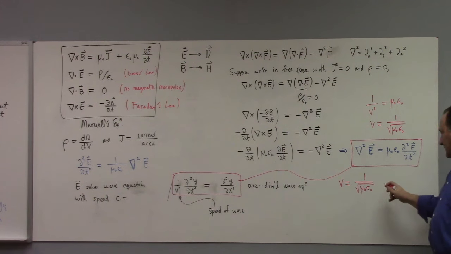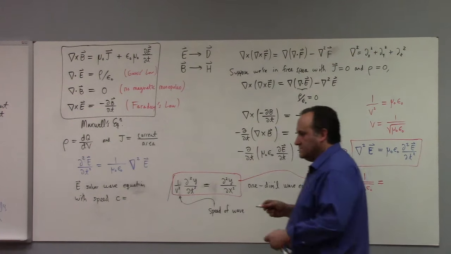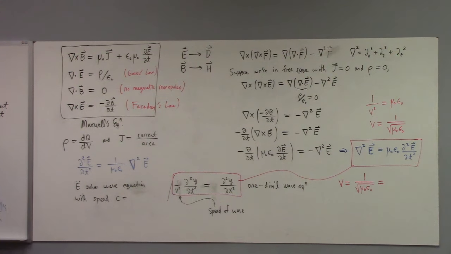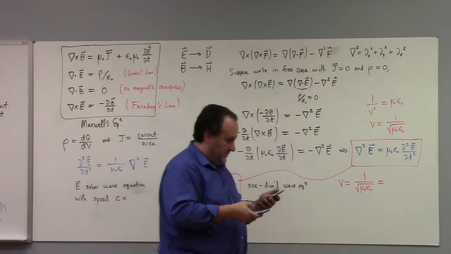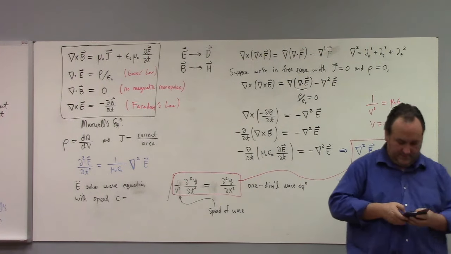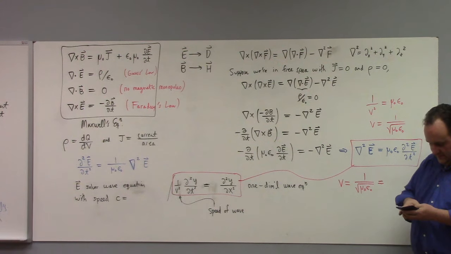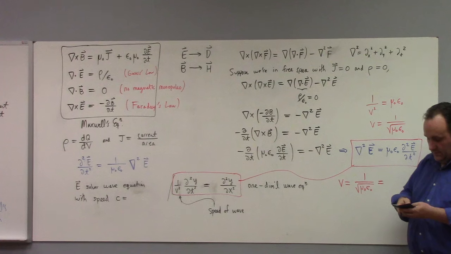Can you guys calculate this for me? What's this equal to? What was that pesky epsilon naught anyway? We've got constant 32. Where'd my constant button go? There it is, 32. And then that times 4 times pi times 10 to the minus 7.